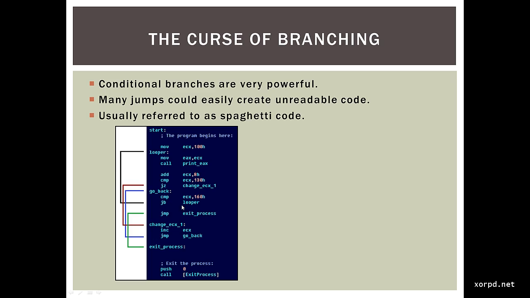We can see, for example, that here, jump below looper can jump to this label, to the looper label, and we can see it in the black line. Another example is this jump go back. If we follow the blue line, we can see that the go back label is here. And actually inside this code there are about 4 jumps. We can see that each one of those has a different color.